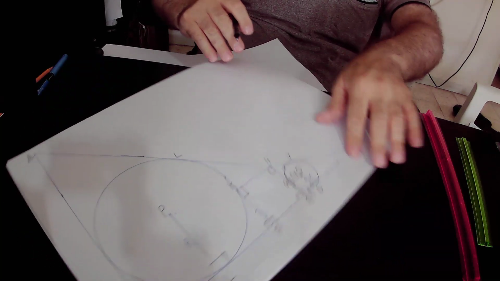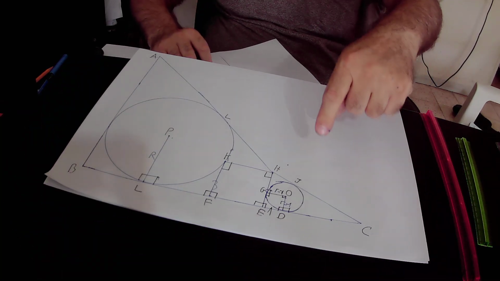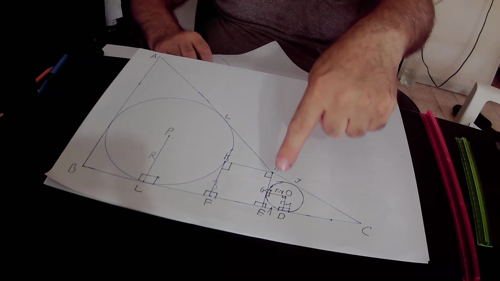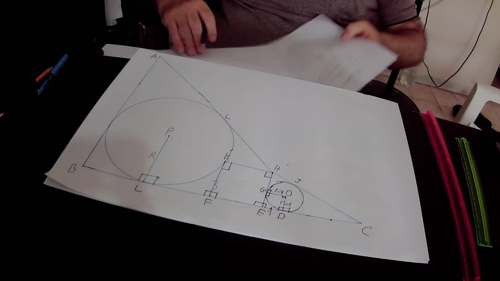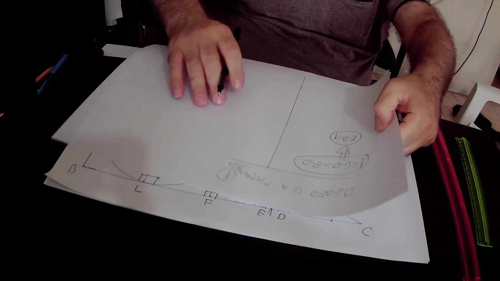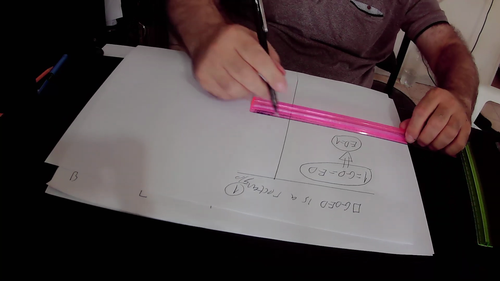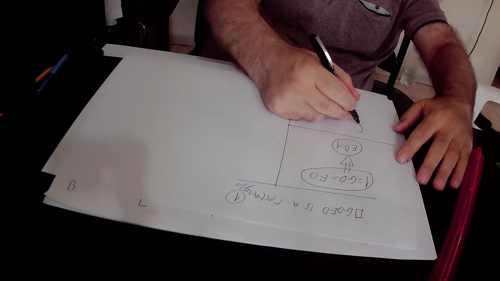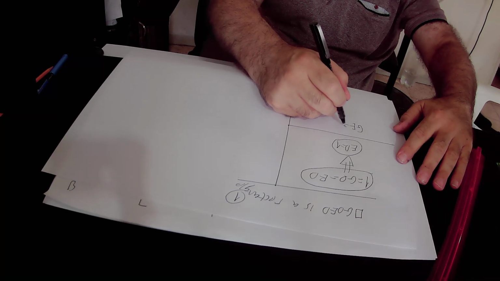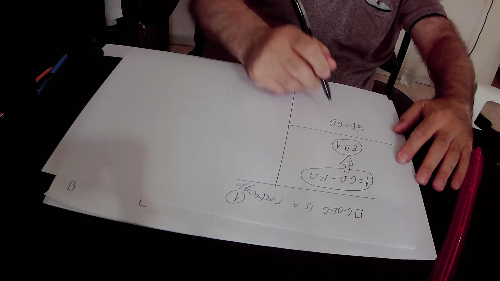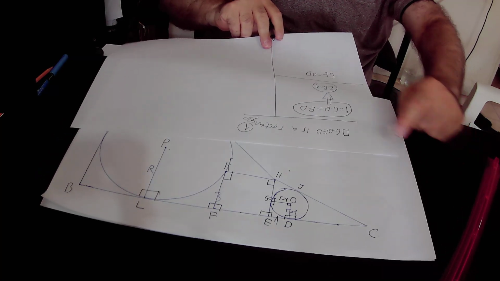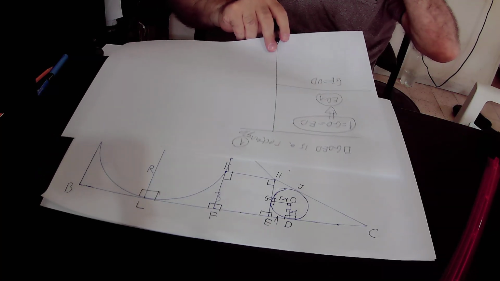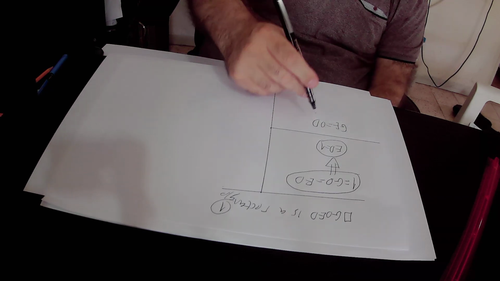Likewise, according to the same rule that the opposite sides of a rectangle are equal to each other, we get that GE equals OD. But here OD equals 1 unit. It is the radius of the circle.